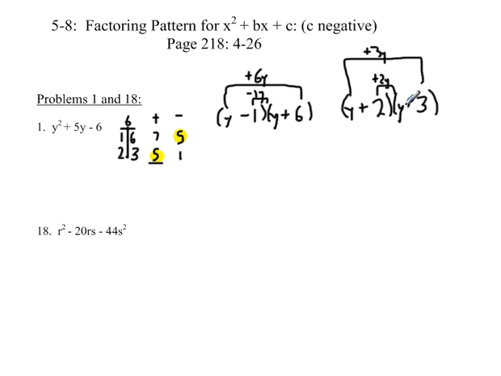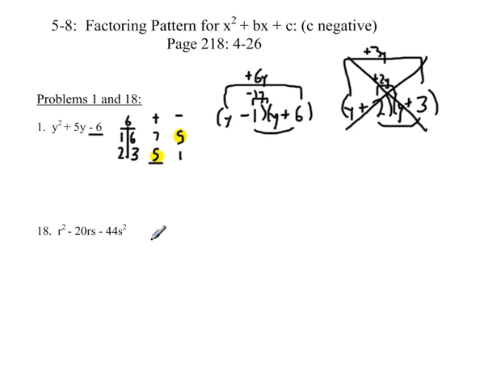And to determine which one works, look at your last term. It's a negative 6. This one is a negative 1 times 6, which does give you that negative 6. This one would be a positive 2 times positive 3, which would give you a positive 6. So this solution is no good. So your answer would be y minus 1, y plus 6.